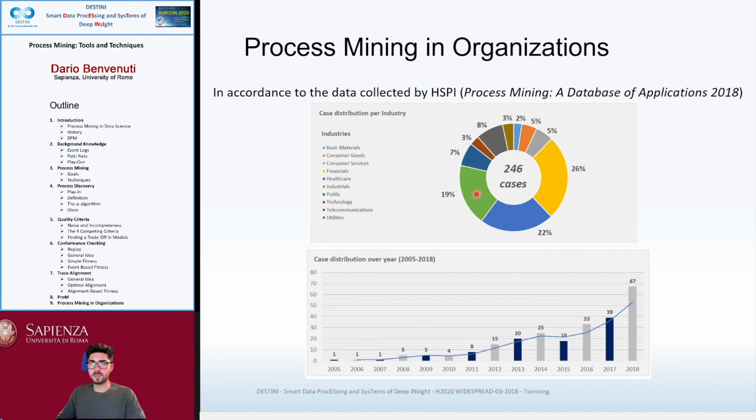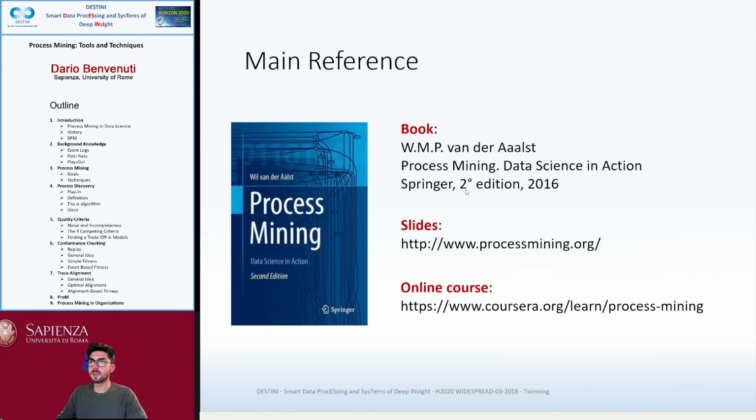And the first pie chart lets us understand which are the fields in which this is happening the most. The first one being the financials field. And that's it. This was quite a short introduction to process mining, which is a context very, very big and that can be explored more deeply, of course.